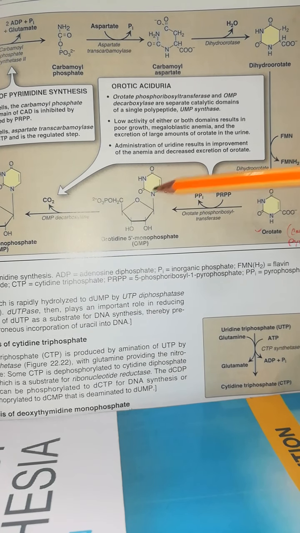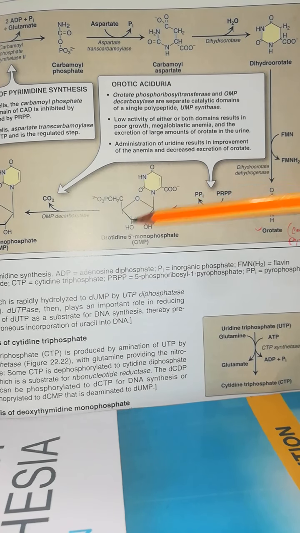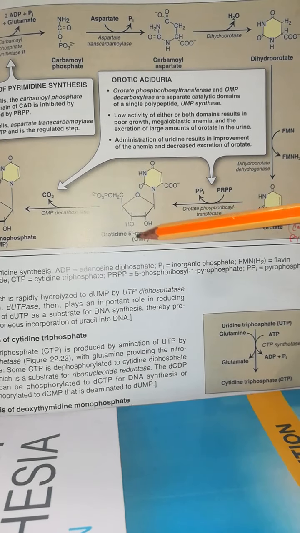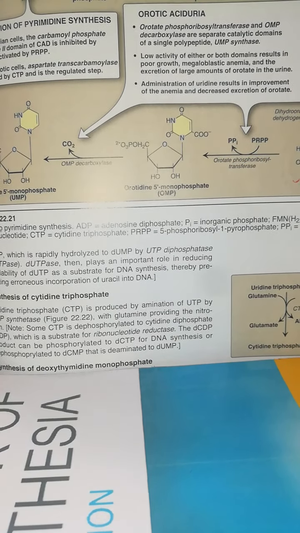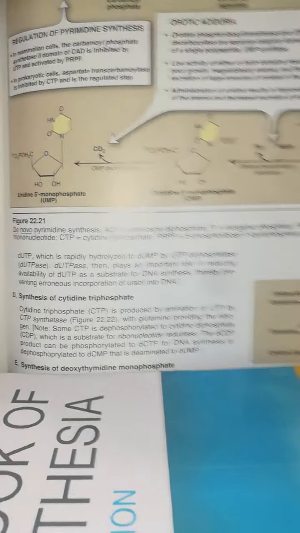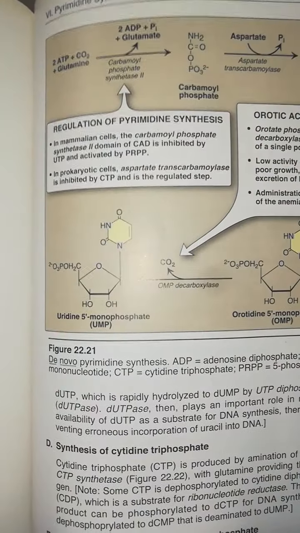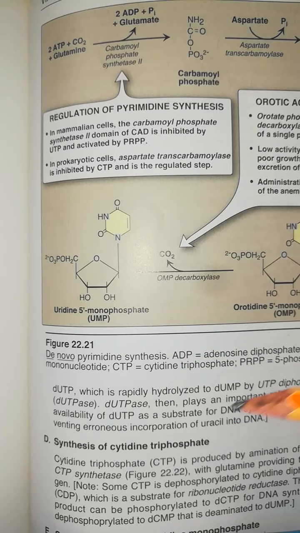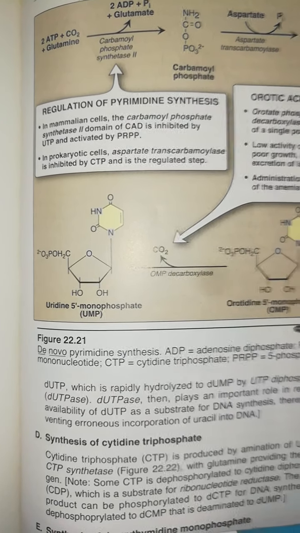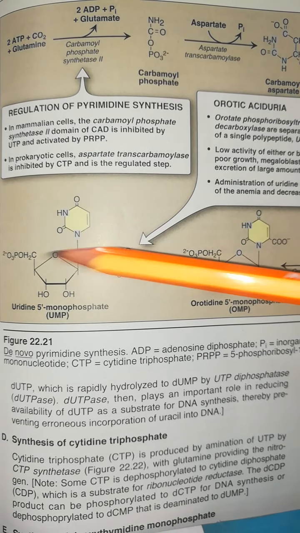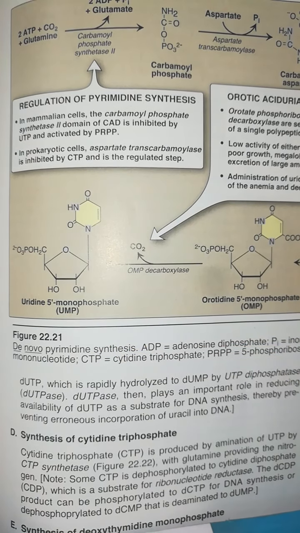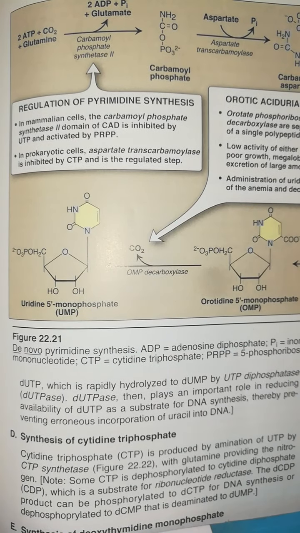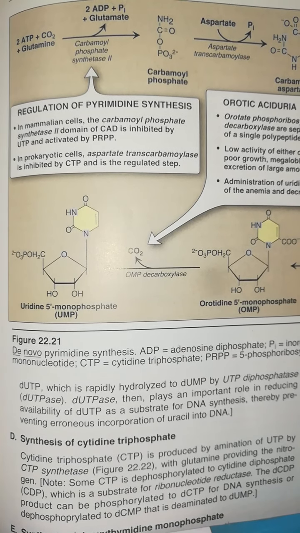The name is orotidine monophosphate. Now orotidine monophosphate is converted into uridine 5' monophosphate. Just a chemical structure alteration. Here carbon dioxide is removed.